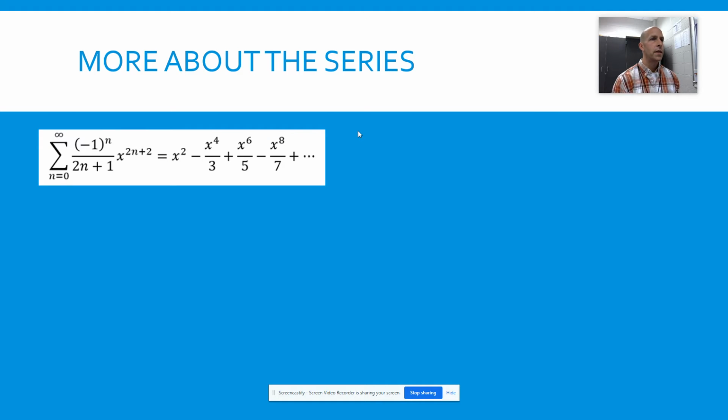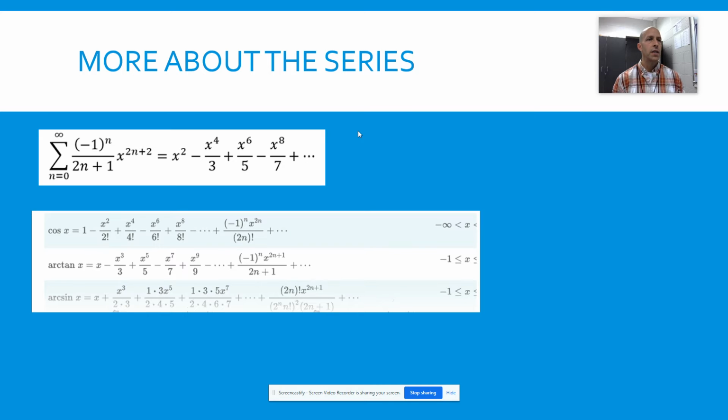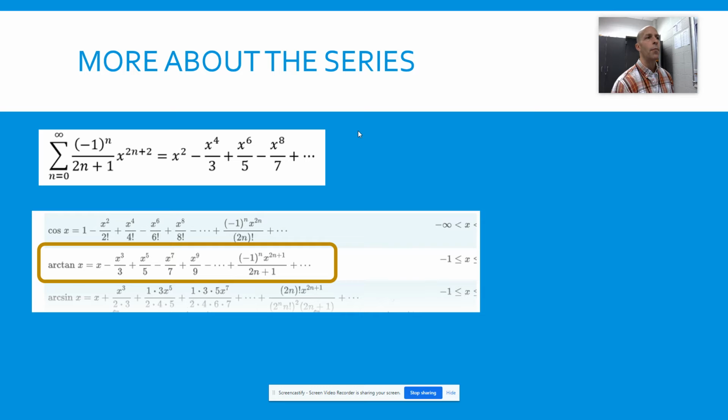A little bit more about the series. First of all, I'd like to point out that this particular series is very similar to the following series. So this is how I came up with this. I looked at the infinite series for arctan, which is x minus x to the 3rd over 3.